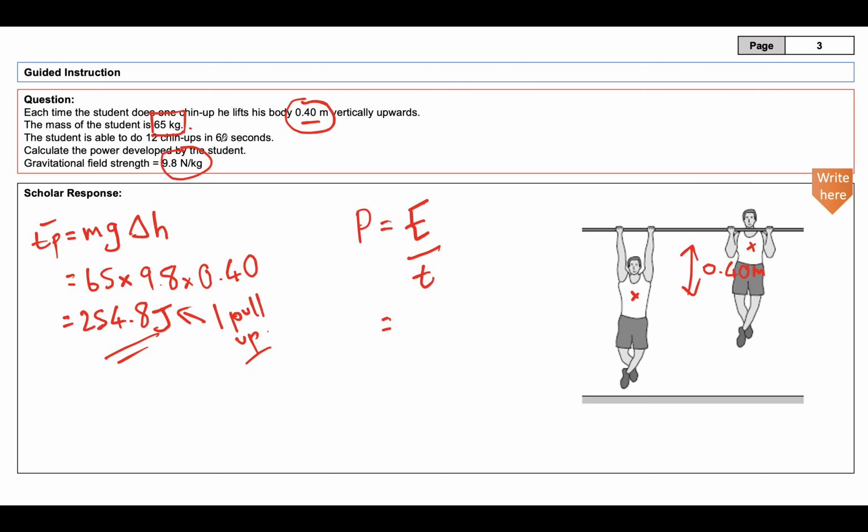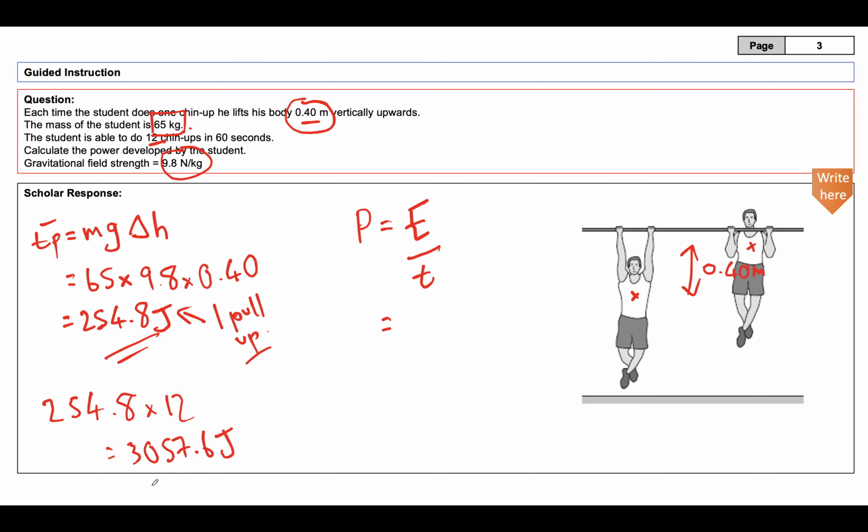However, in 60 seconds he managed to do 12 of these, well, chin-ups, not pull-ups. So I'm going to multiply this by 12 because he does it 12 times. His total energy gain is actually 3057.6 joules.